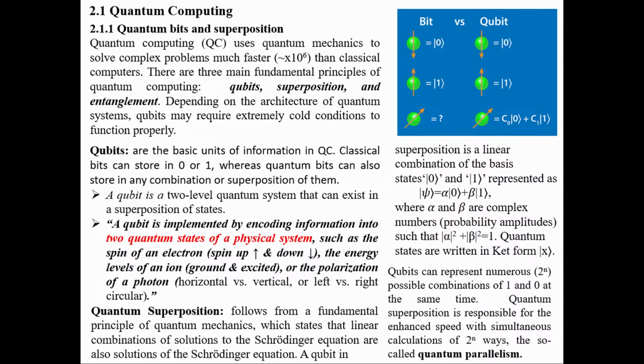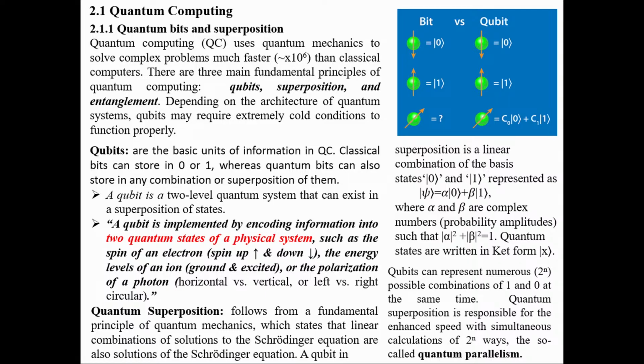So alpha and beta are in such a way that the sum of the squares of these probability amplitudes must be 1. It cannot deviate from 1. So that is the thing. Now we can define a qubit. A qubit is a two-level quantum system that can exist in a superposition of states.